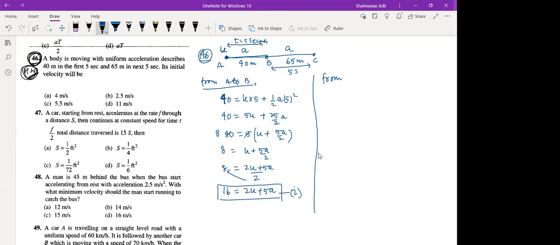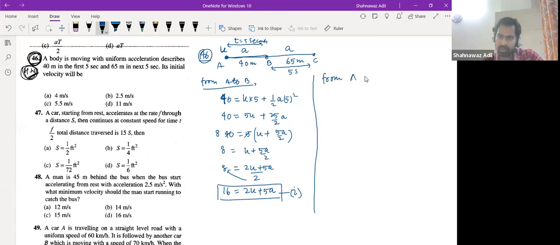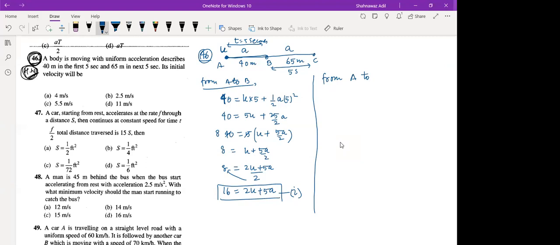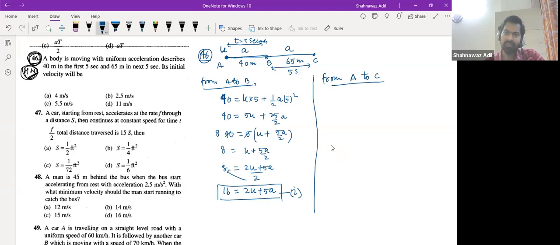If I'm using A, the journey started from A and then to where? C. C, right? Absolutely right. Because if I'm writing B to C, then the initial velocity will change. So I have to use some other relation to write the initial velocity. But I don't want to use another variable because I want to use only u and a, only two variables.